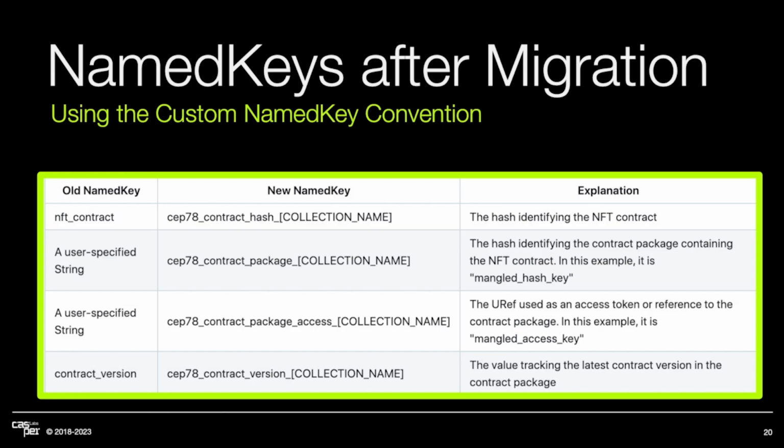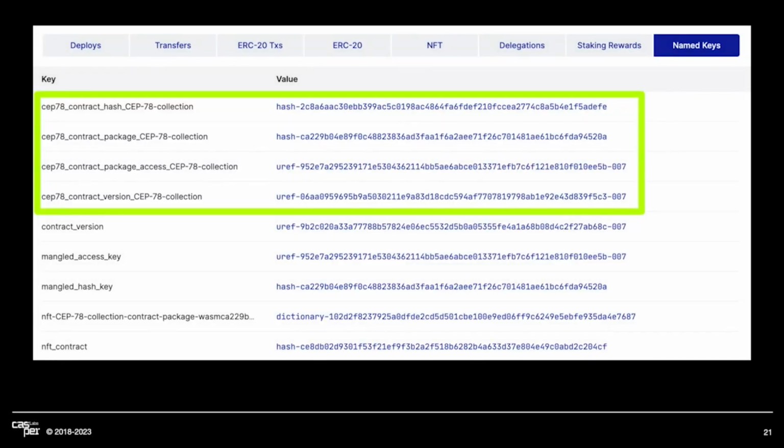During the migration, the contract's named keys were renamed using the new naming convention, which includes the collection name and the CEP-78_contract prefix. In this example, the NFT contract was renamed to CEP-78 contract hash _ the collection name. The mangled hash key was renamed to CEP-78 contract package and then the collection name.